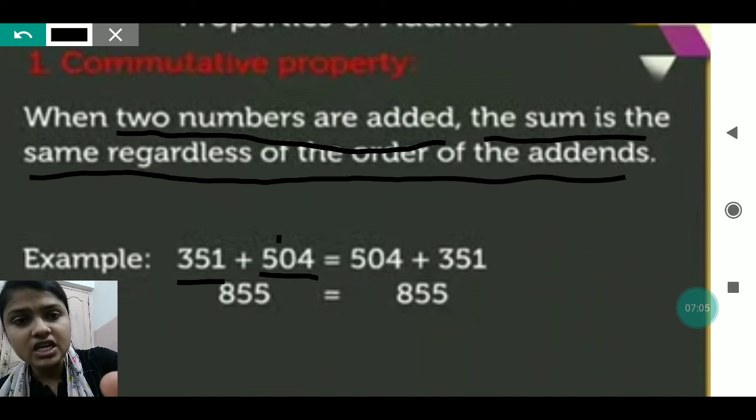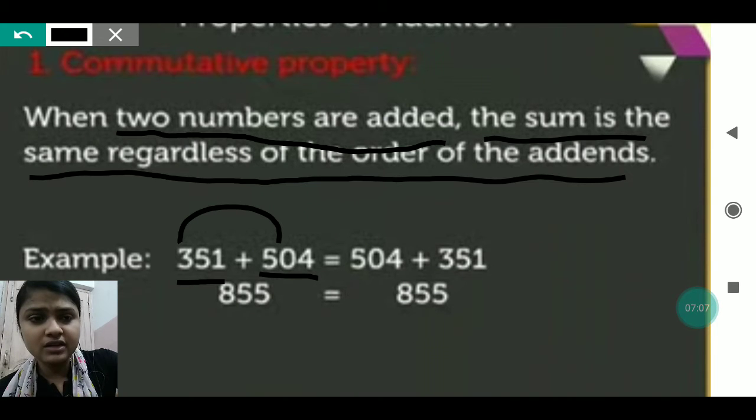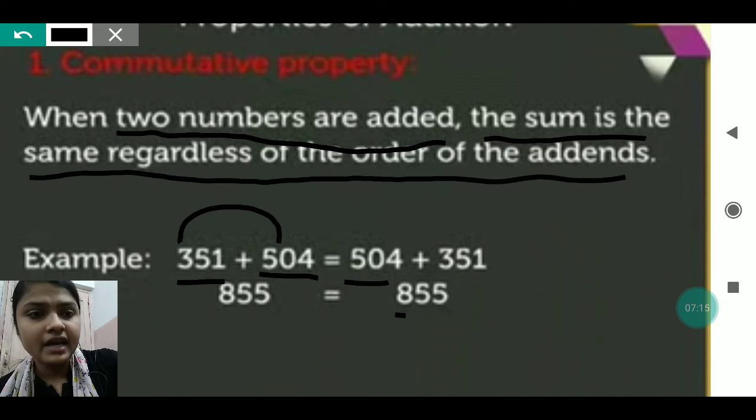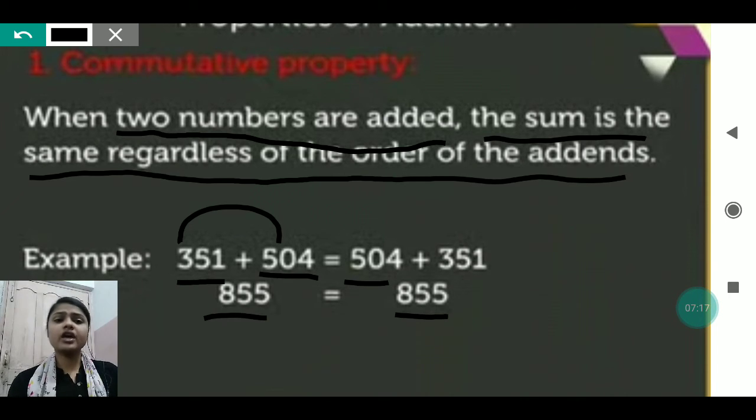And if we change the order, the first number we write as 504 and then we add 351 to this 504, we will get 855. So by changing the order of the numbers, the sum or the total is not going to change.